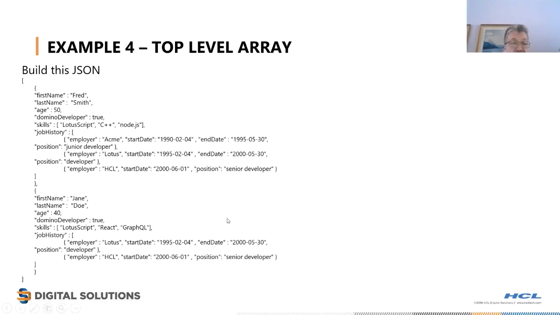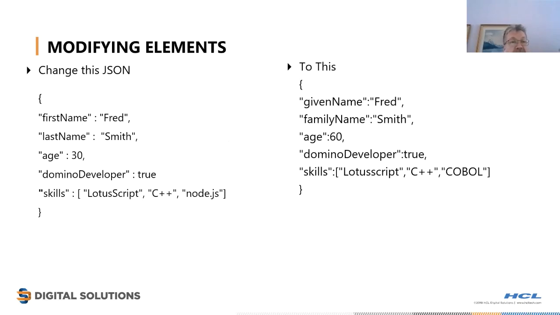Actually, the last thing I want to talk about is what about modifications? Because you might want to change JSON. You might want to change some of the values for some reason. So in this case, I said, let's change a couple of things to show you how this works.